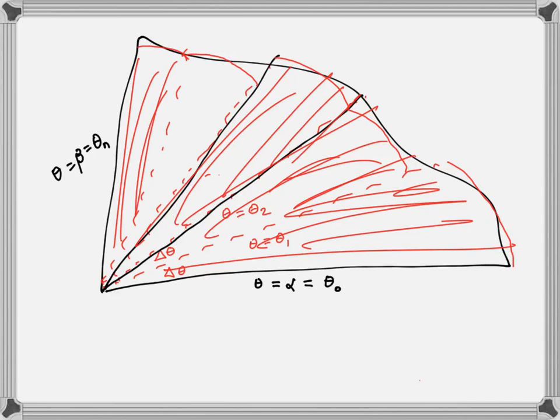Okay, so that's what we're doing. So this means that the area is going to be approximately equal to the sum. We're going to add up from 1 to n of 1/2 f of theta I star squared delta theta.